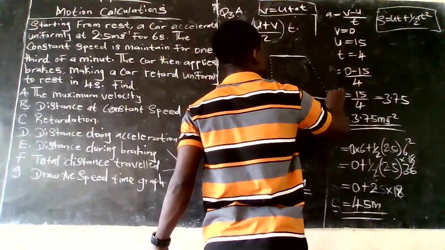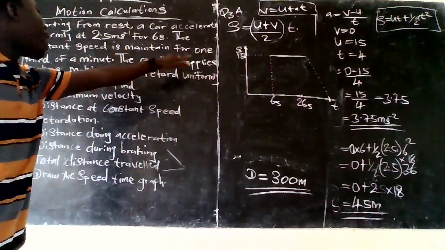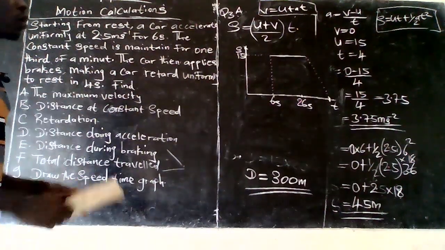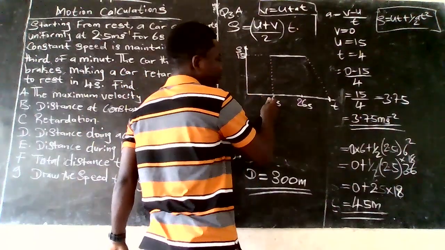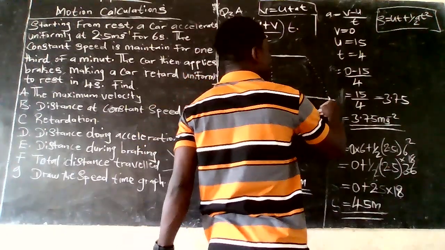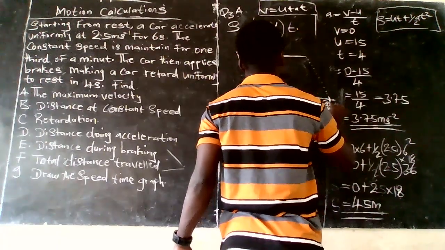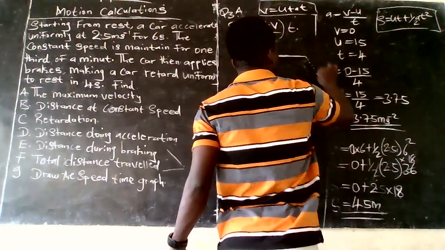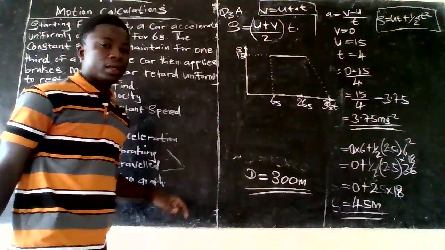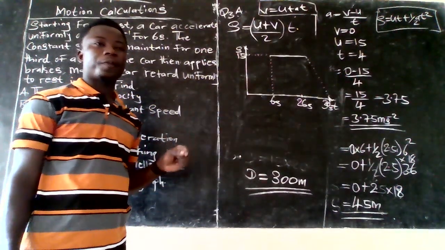So the last point: the car then applies brakes, making the car retard uniformly to rest in 4 seconds. So we add 6 plus 20, which is 26, plus 4 is 30. So here we have 30 seconds. So this is the speed time graph.